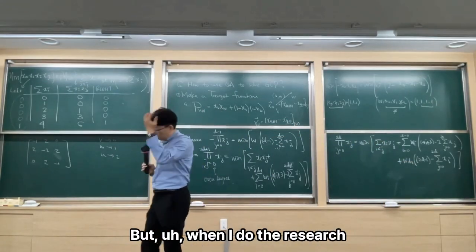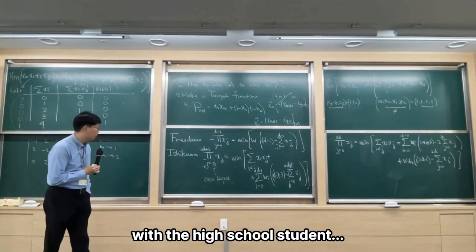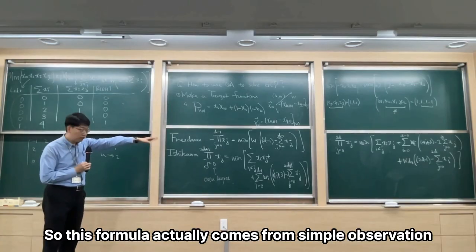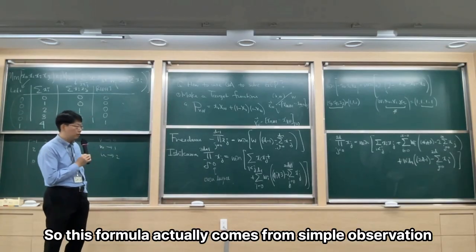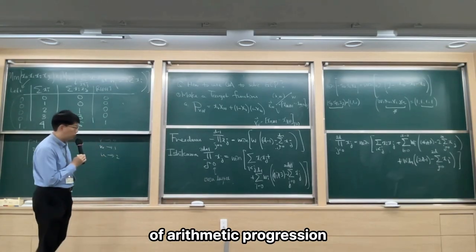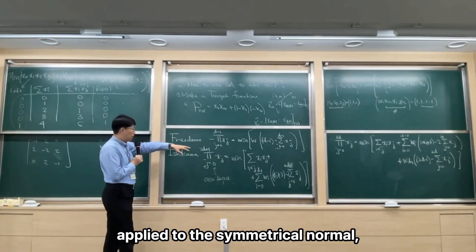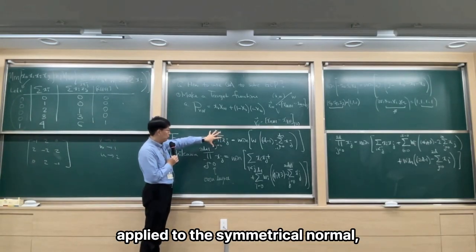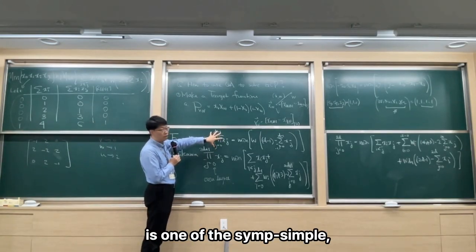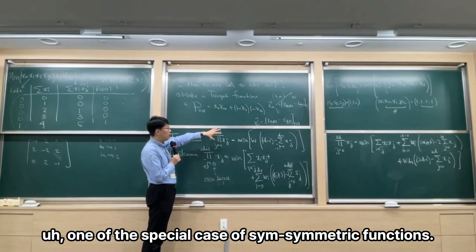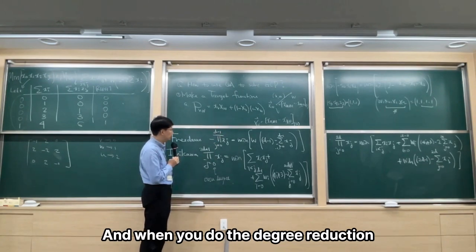But when I did the research with the high school student, this formula actually came from a simple observation of arithmetic progression, and then we could make it into a general formula applying to symmetric polynomials, not just monomials. So a monomial is one of the special cases of a symmetric polynomial.